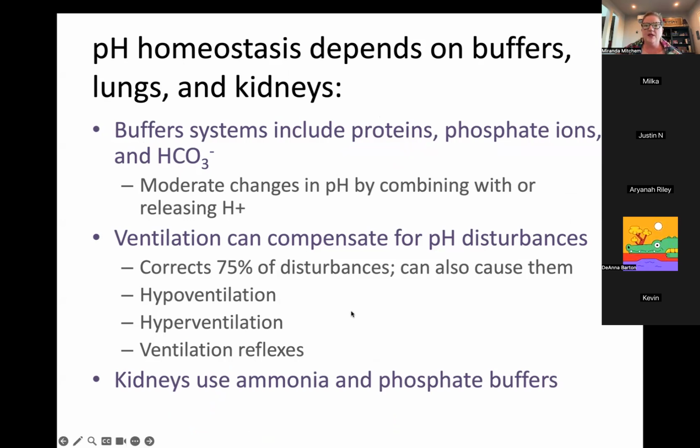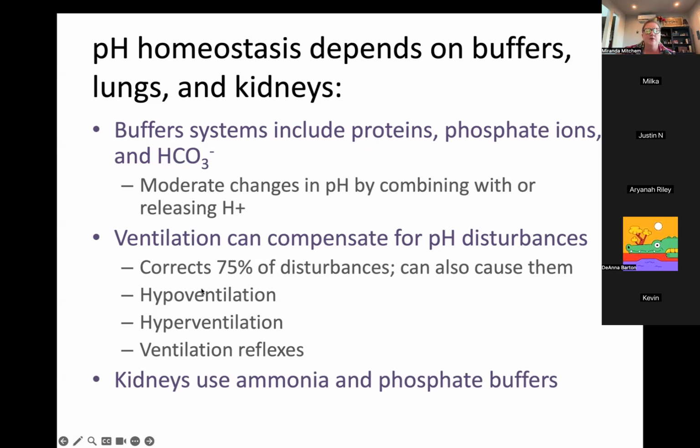The renal system is able to compensate for changes in pH, but it does so on a long-term basis, compensating basically if something goes wrong. So we have a short-term fix with the cardiovascular and respiratory systems, but a long-term fix with the kidneys.